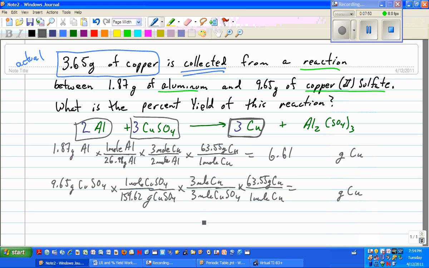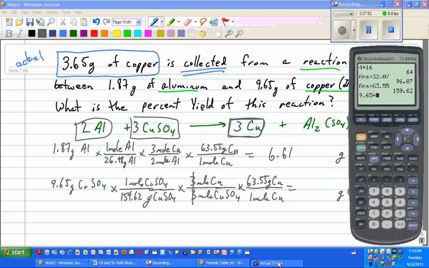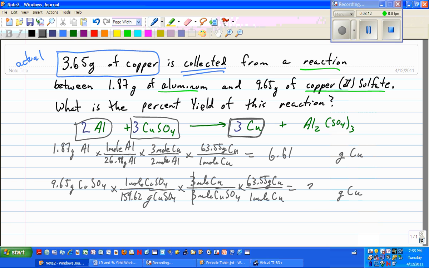I'm not going to do the 3 over 3 because that's going to cancel out. Hit enter, then divide that by 159.62. Hit enter, and I get 3.84 grams. This is my theoretical. It's also the least amount produced, based on copper sulfate being my limiting reactant.